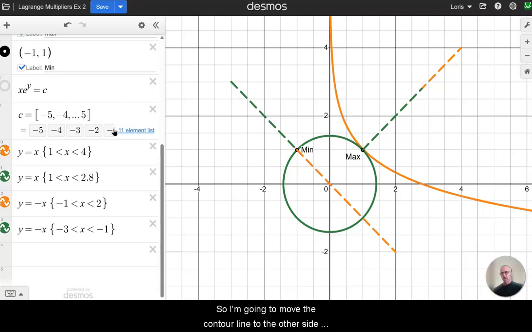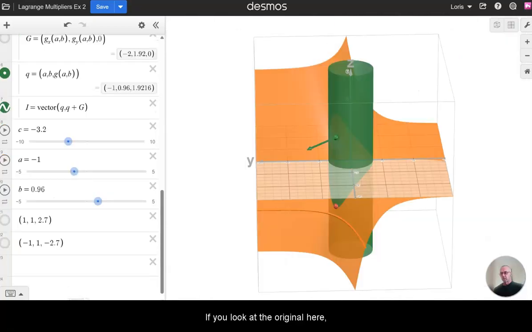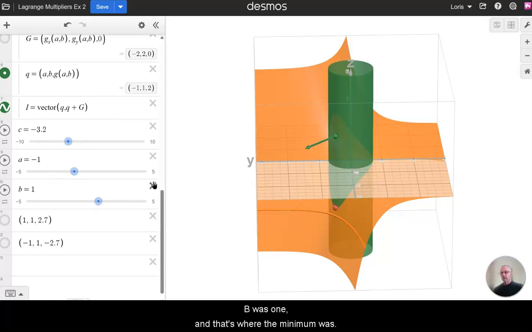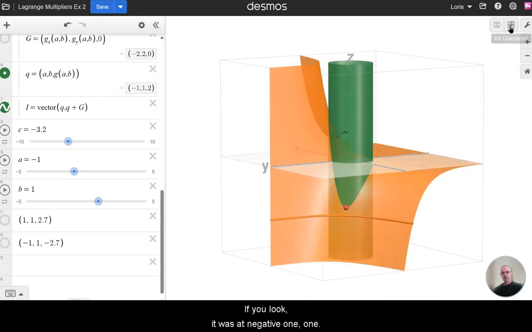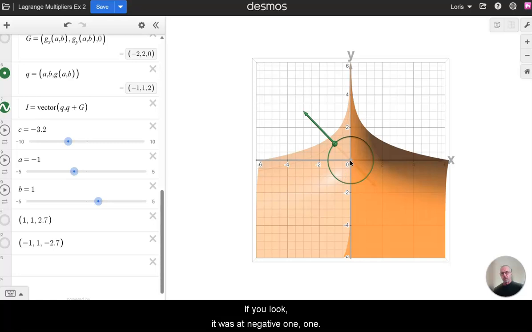So I'm going to move the contour line to the other side where we found a min. This is 1, 1, and this is -1, 1. If you look at the original here, it was that A was -1, B was 1, and that's where the minimum was. If you look, it was at -1, 1.